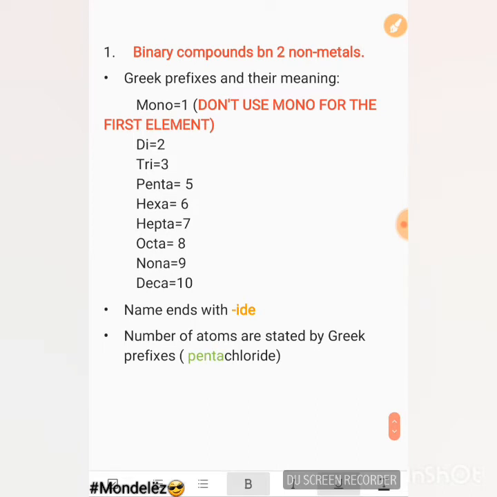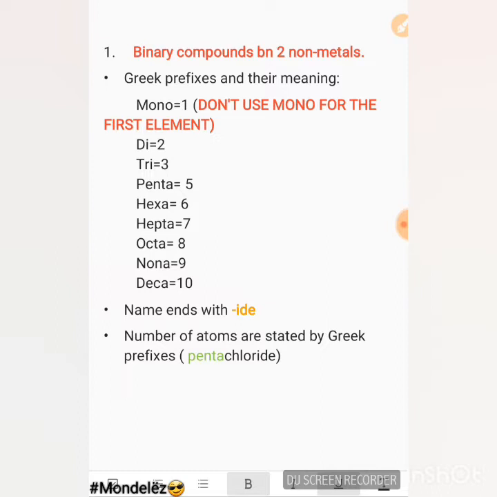Coming to binary compounds between two nonmetals, you need to know your Greek prefixes. This is very simple: mono, di, tri, penta, hexa, hepta, octa, nona, deca.